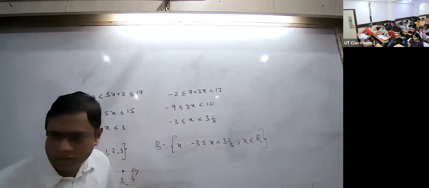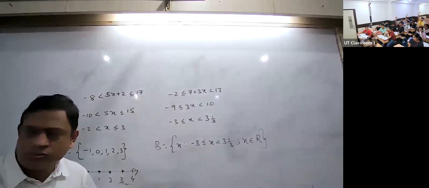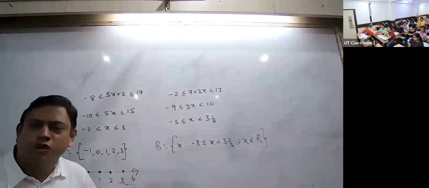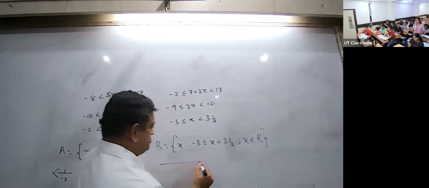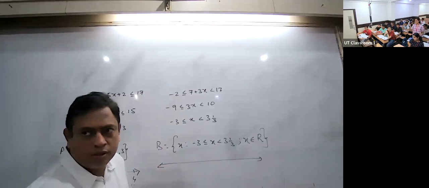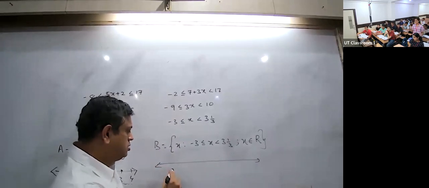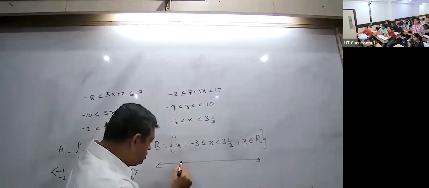Well, B. Sir, girl side, I should know. Let the girls also get a chance. From minus 4 we'll draw and then we mark minus 3. Then we put a dark circle at minus 3. Yes or no? Yes.